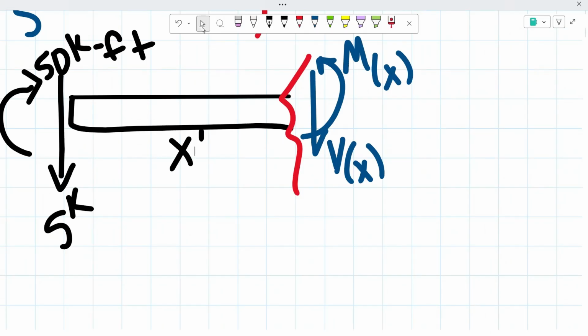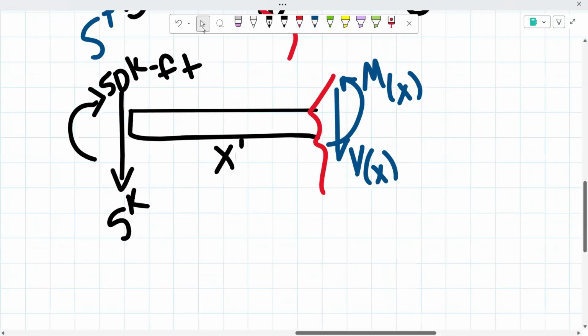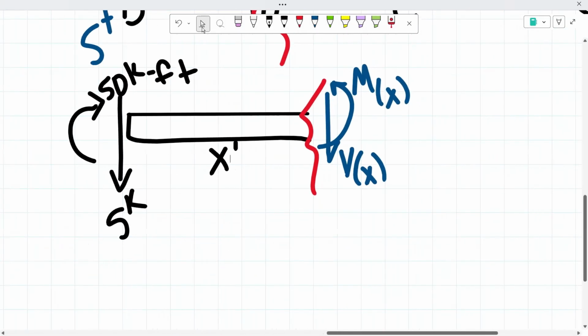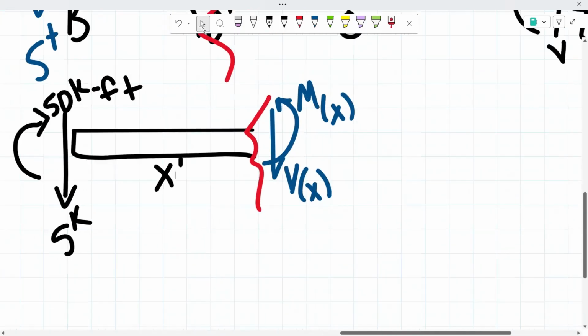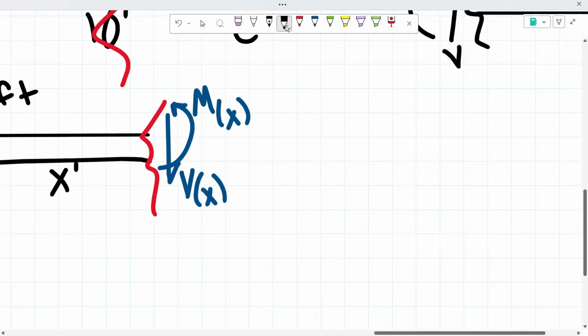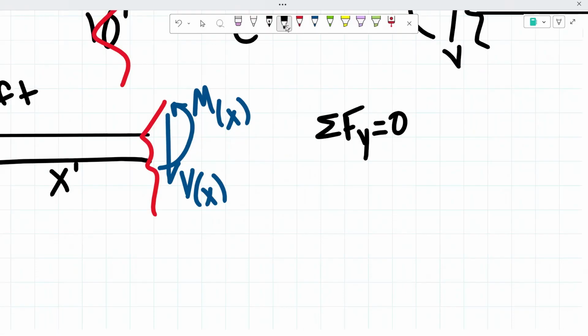So now we're going to solve for our shear and moment. As you remember, the sum of the forces in our y direction has to equal 0. We didn't do this for x because we have no x-forces, since we're only dealing with shear and moment. Shear is vertical.